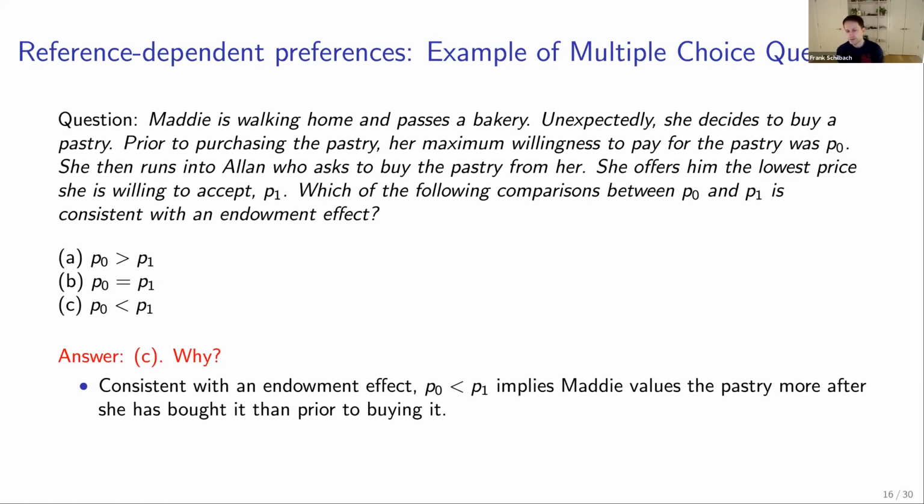If somebody asks you to sell something that you own, you ask for more money than you're willing to pay in the first place when you don't own the item. So the endowment effect entails that P1 is larger than P0, which is answer C. So Maddie values the pastry more after she has bought it compared to prior to buying it.